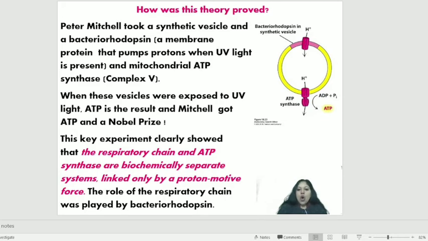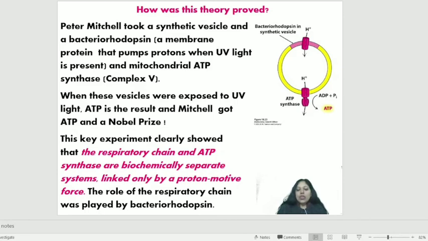So we have all three things together at one place. Now, what did he do? He put this vesicle into a high proton concentration outside. The proton is present outside the vesicle, and bacteriorhodopsin has the ability to pump protons as soon as it comes in contact with light.